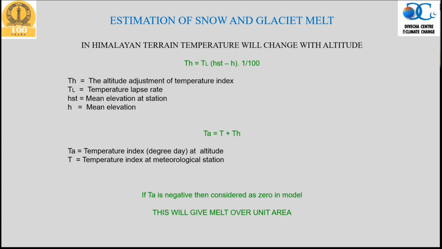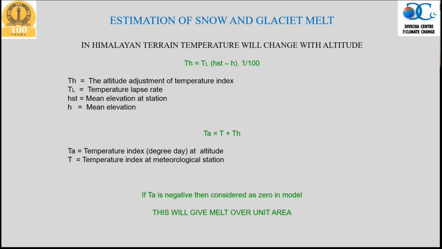So the concept now is that we have all these parameters, and we know how to estimate melt factor, but we also need to know how the temperature is going to change. Most of the time temperatures are available at stations, which are generally at low altitude.